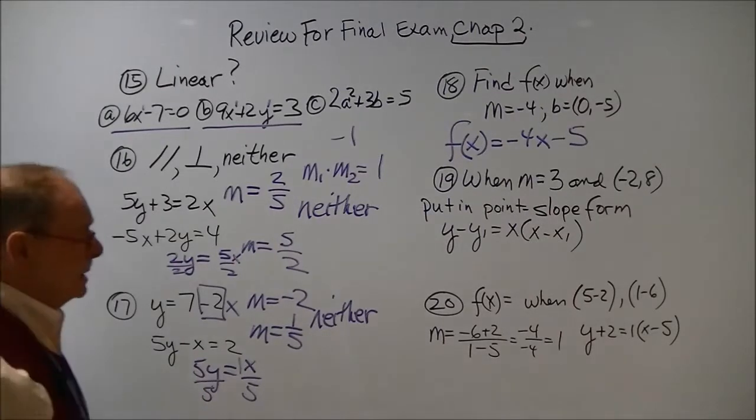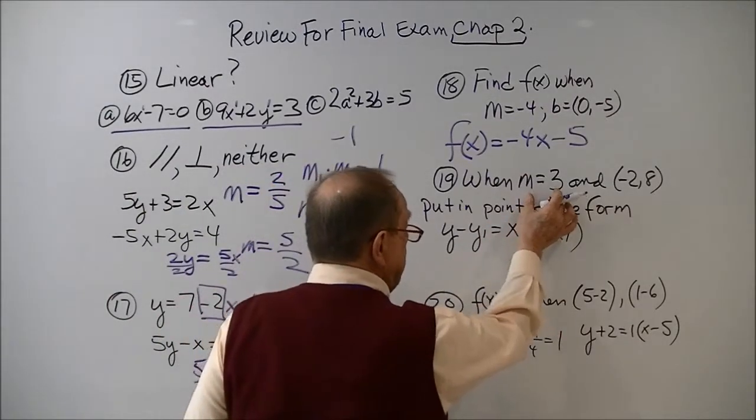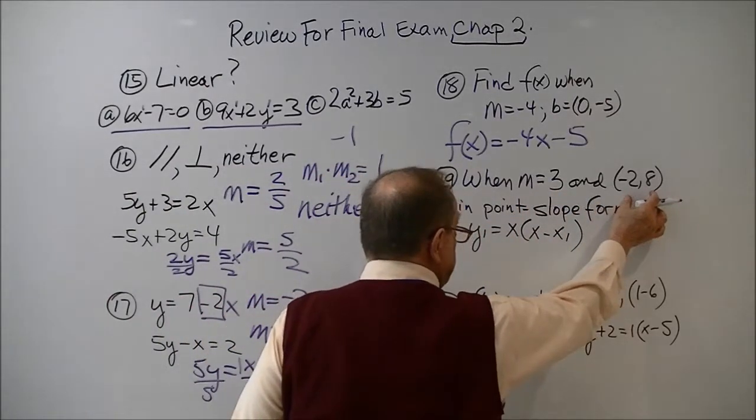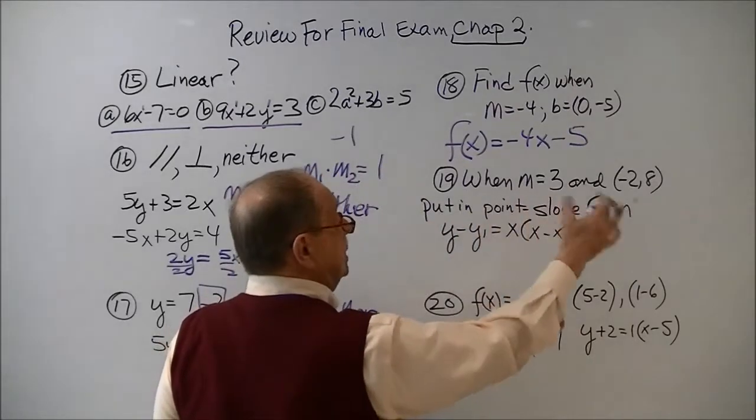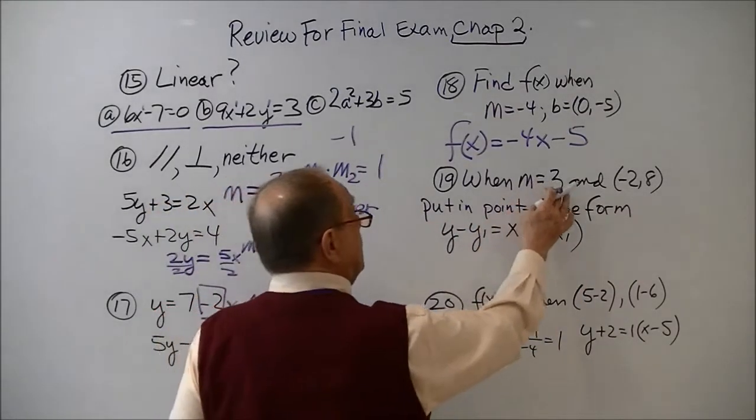Now for number 19, they want us to use the slope of 3 and this single point to put in slope-intercept form. We had one a little bit like this, so let's do that.